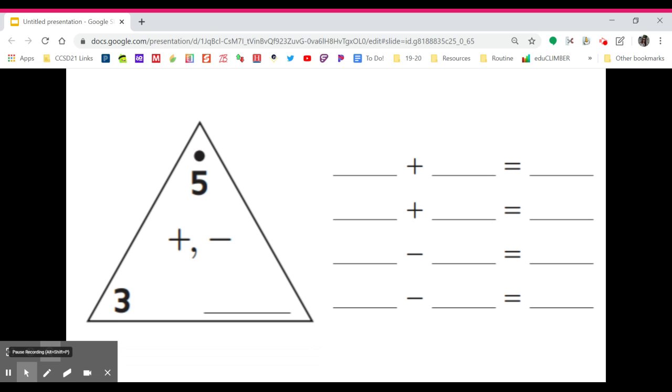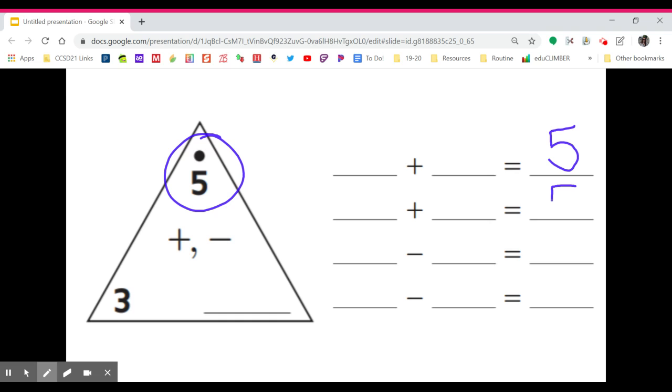So when we're filling in our related fact number models, we can start with this number. And in our addition number models, it will be at the end because that's going to be the biggest number. In our subtraction number models, that number at the top of the fact triangle is going to go at the beginning. So we've already filled in one number in our related fact number models.